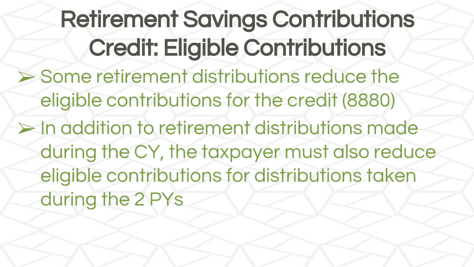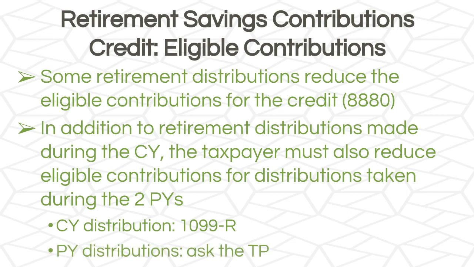So, if the taxpayer has a retirement distribution in the current year, they should be receiving a Form 1099-R. But in order to account for any distributions they might have received in the 2 prior years, you need to manually input those distributions directly onto the form. So you'll have to ask the taxpayer about whether or not they had any distributions in the 2 prior years.